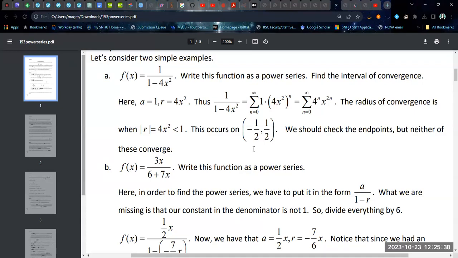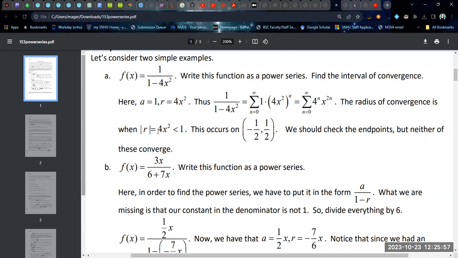Now, to determine where the power series converges, you would need to take your r value. Again, this is a geometric series fundamentally. Your r value would have to be less than 1 in absolute value.